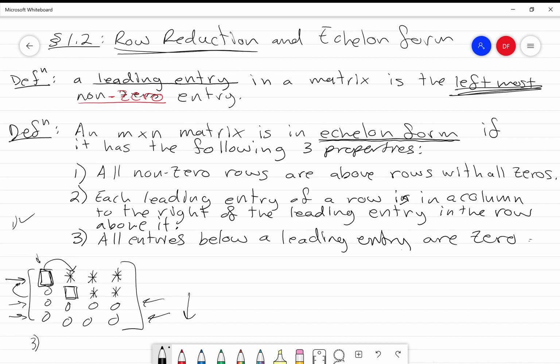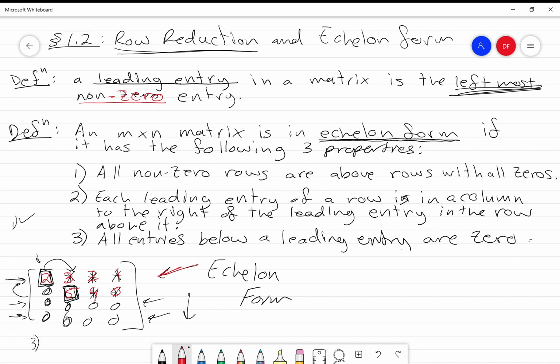Here's a leading entry, everything below it is 0. Here's a leading entry, everything below it is 0. So this matrix is echelon form. And it doesn't matter what numbers these are. This could be 2, 3, 2, 1, 5, 4, 0. Then this is an echelon form matrix.